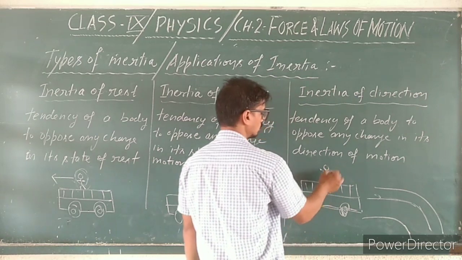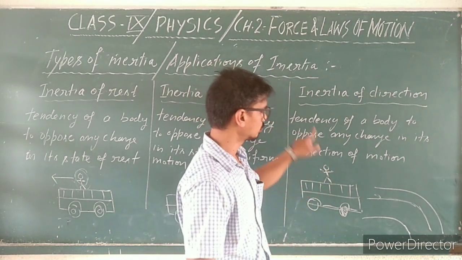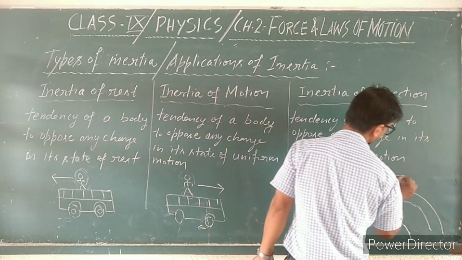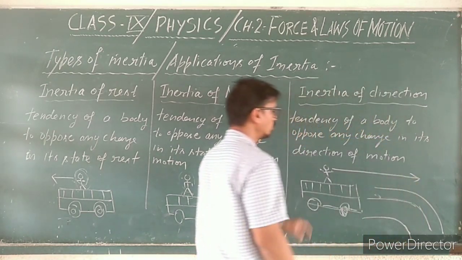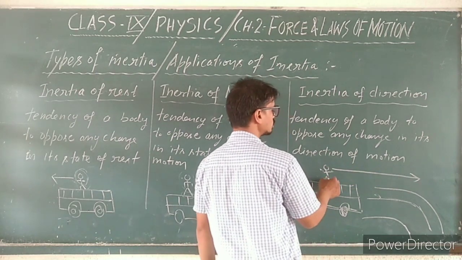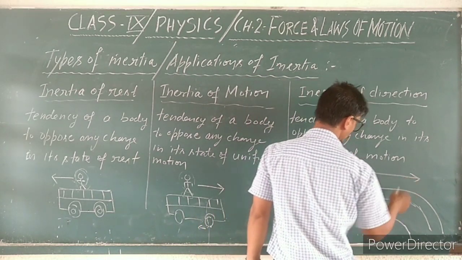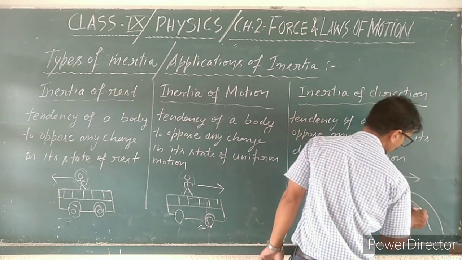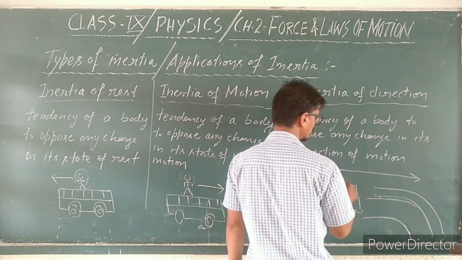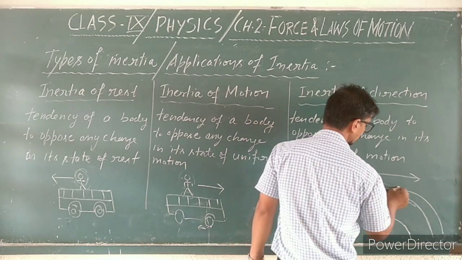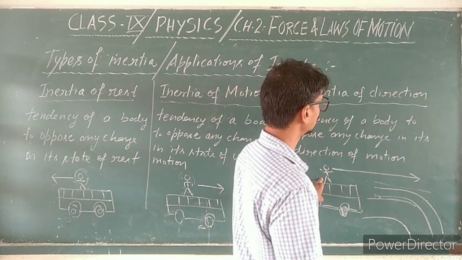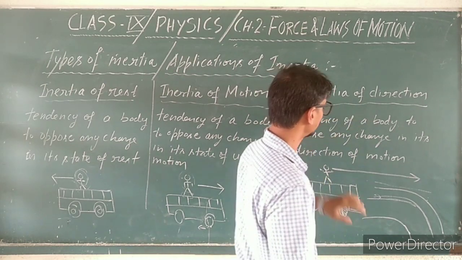But the person standing on top of the bus is still in uniform motion in a straight line, so he continues moving in a straight line. So when the bus turns on this road, it is possible this person will fall to one side of the bus because of inertia of direction.